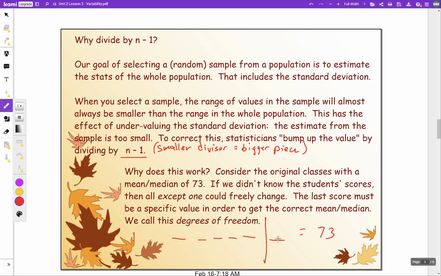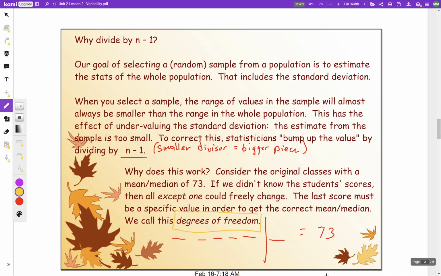And that's why we divide by n minus 1, because we're trying to see what the deviation is among the 5 that can vary. We have a term for this in stats, and we call this the degrees of freedom. And you're going to see this a lot.